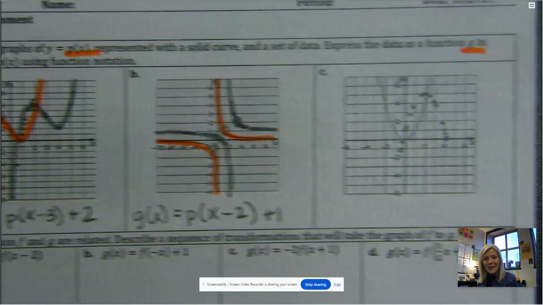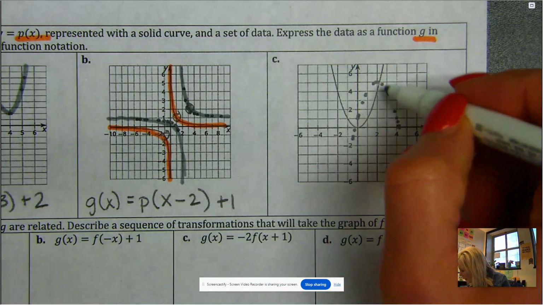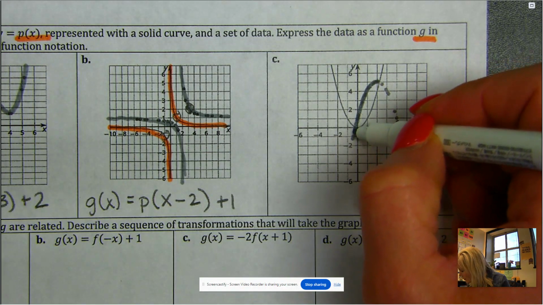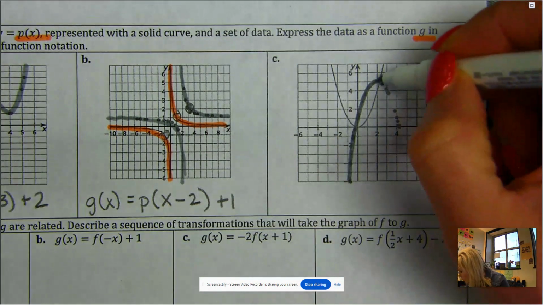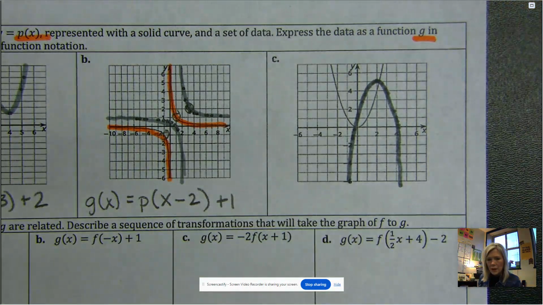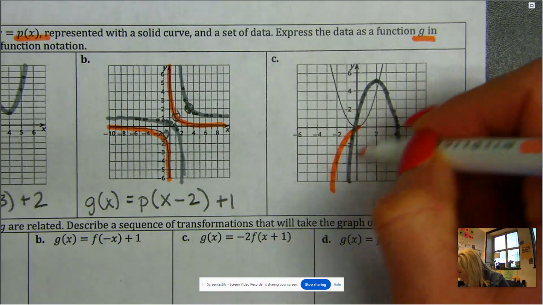All right, and then our last one, I notice we're going to need to do a reflection on this one. But to start with, I'm going to look at what's the movement, right? Because if we reflect function p over the x-axis, then it's going to look like this.